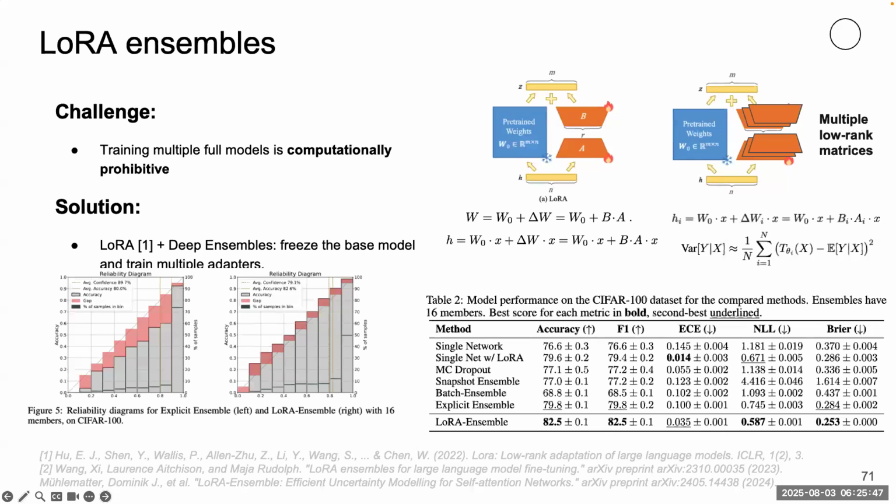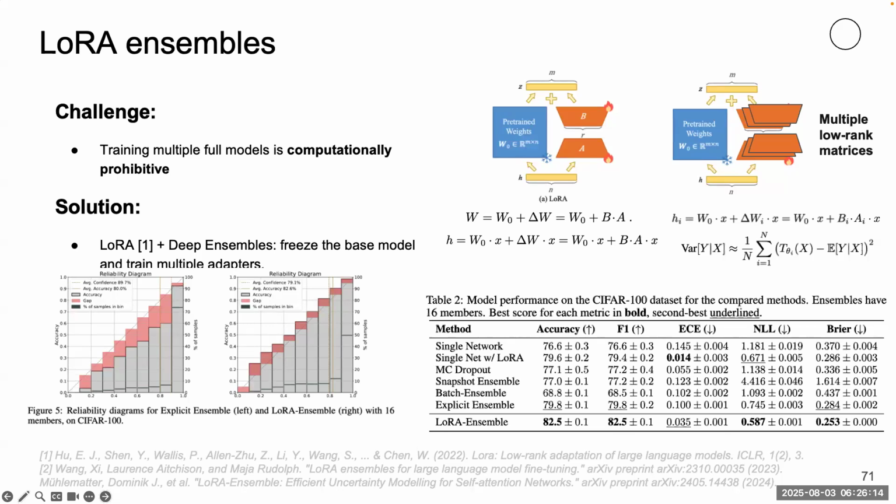They found that with the original ensemble, if you do not use LoRA and just ensemble the base models, you will have the overconfidence issue. It's below the line. If it's below the line, it means my confidence is over my accuracy. So if you directly do a deep ensemble, it's going to be overconfident.